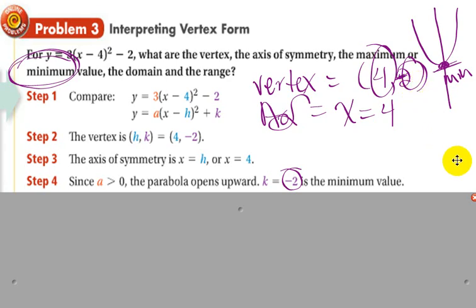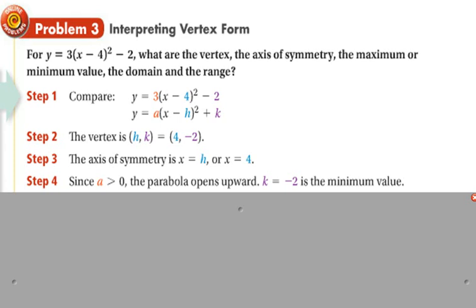So k is equal to negative 2. Does everybody see that? The k value is negative 2. I have a lot of students say, well, why isn't h negative 4? Because the original formula has the negative sign in it. See, there's not a negative sign with our k value. So that means your k had to be negative 2.